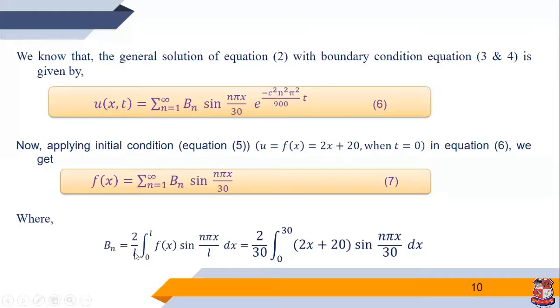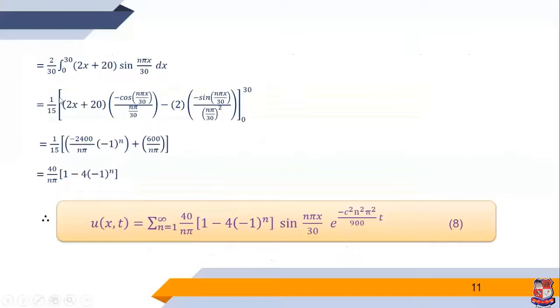Now L is equal to 30, so we replace L by 30, and f(x) is the initial temperature distribution 2x plus 20. So we replace f(x) by 2x plus 20. We evaluate the integration using integration by parts.